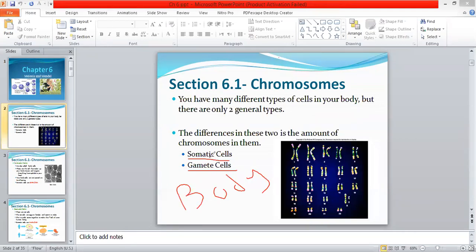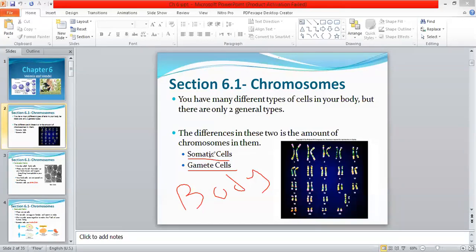Okay. For the students who join now, tomorrow you have a live quiz on the first two sections, section 6.1 and 6.2, chromosomes and meiosis and process of meiosis.